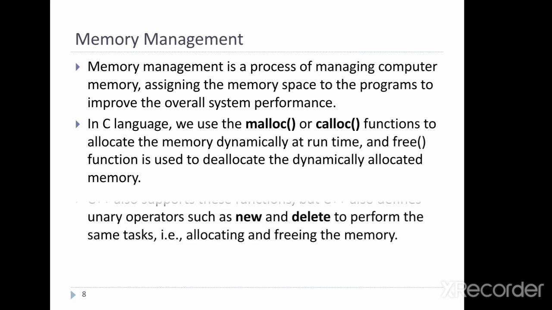So in C language, we use the malloc or calloc functions to allocate memory dynamically at runtime, and the free function is used to deallocate the dynamically allocated memory. But in C++, we use the new operator and delete operator to perform the same task, that is allocating and freeing the memory. So we will see.